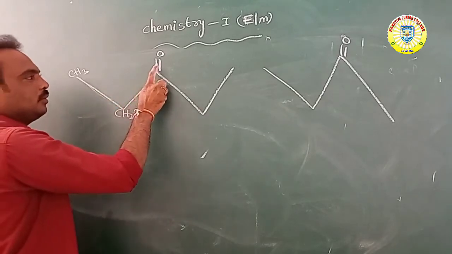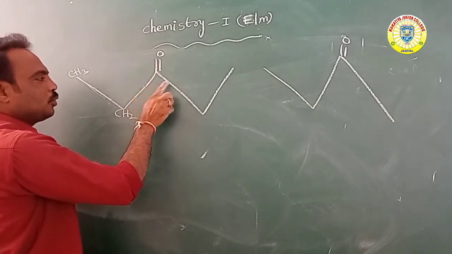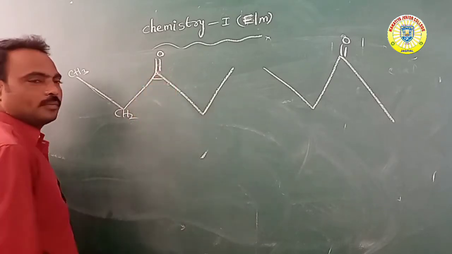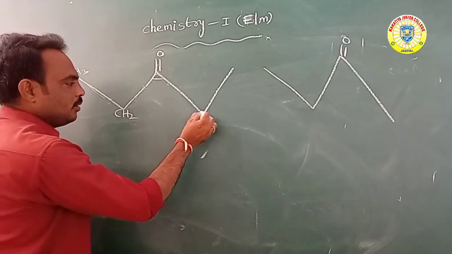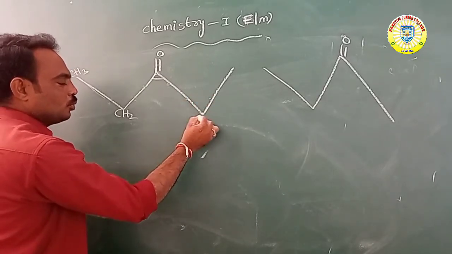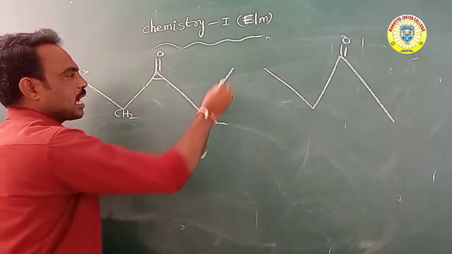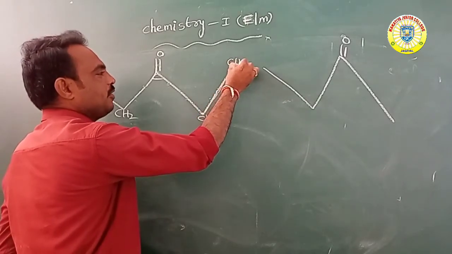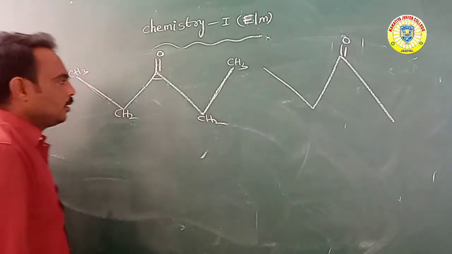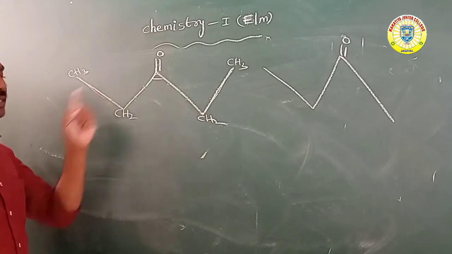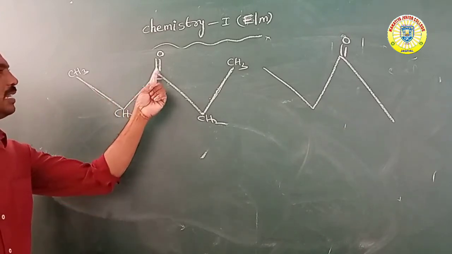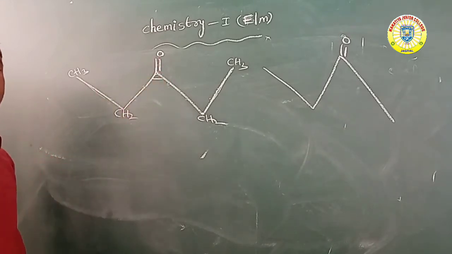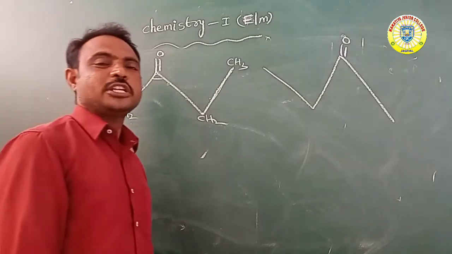This carbon contains four bonds, carbon only. This carbon has 2 bonds, CH2. This carbon has only one bond, so we write CH3. So this compound contains C double bond O. C double bond O means which functional group?